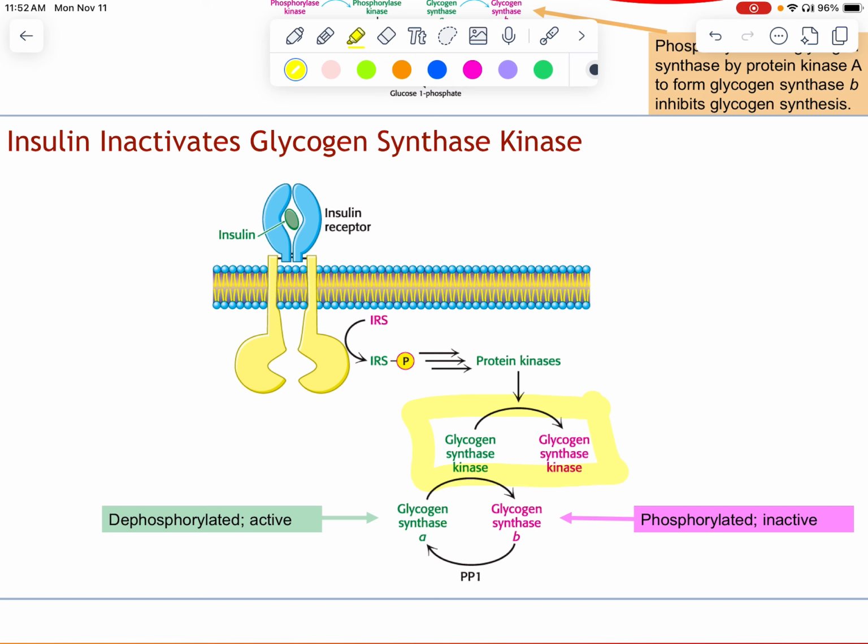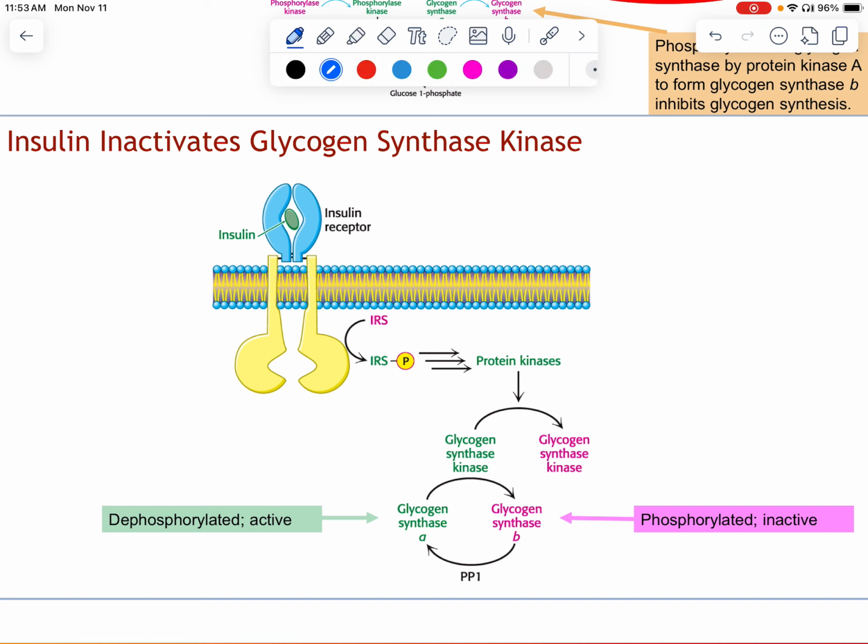We're setting off this glycogen synthase kinase, and it is an enzyme. Let's look at the bottom part first. Glycogen synthase kinase is an enzyme that adds a phosphate to glycogen synthase.